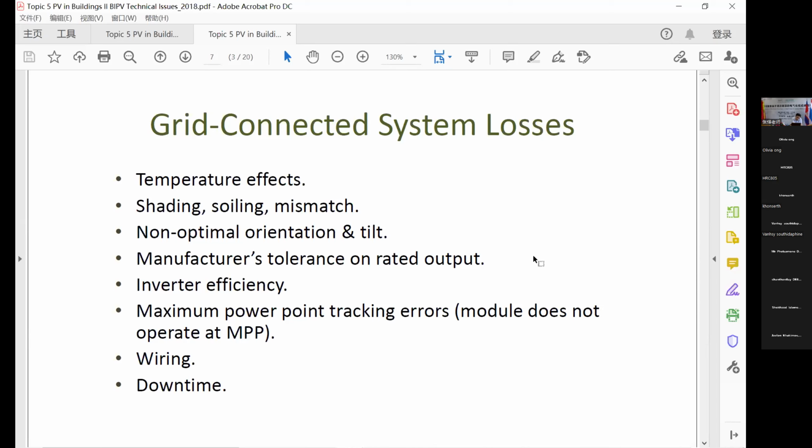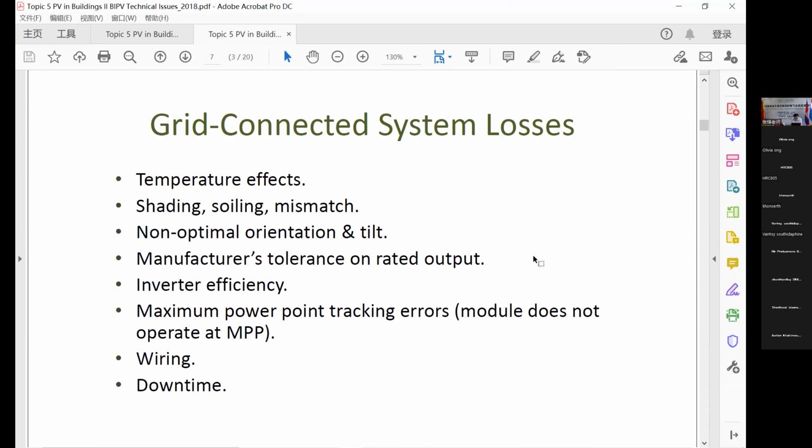For example, there are some defects in the PV modules, resulting in a large series resistance or shunt resistance of the PV module. Both of these will cause the PV module to be unable to operate at the maximum power point.